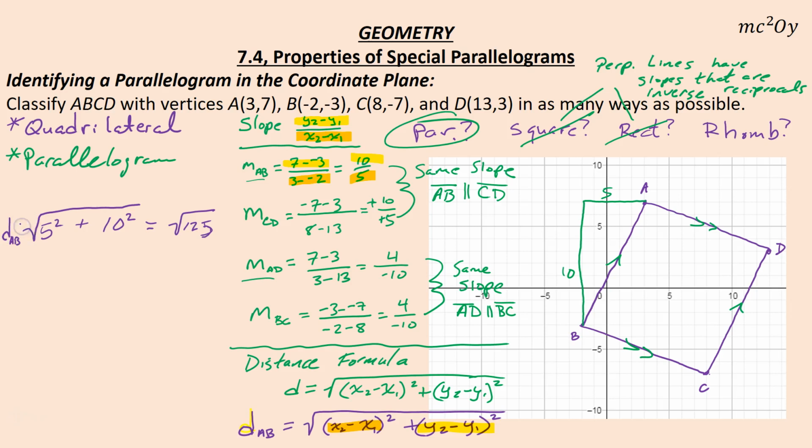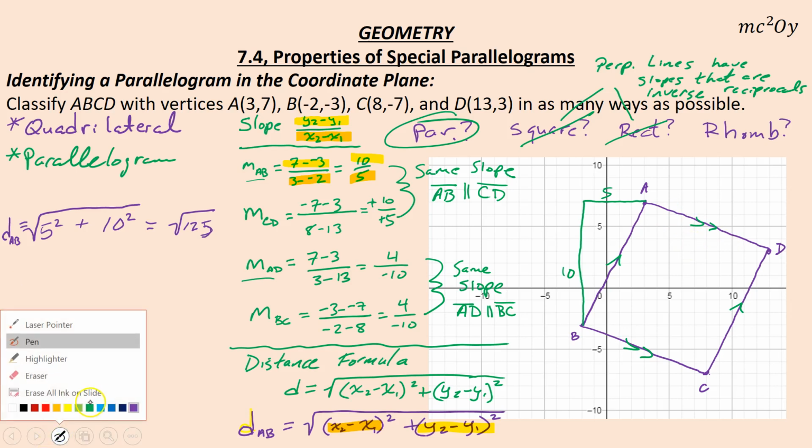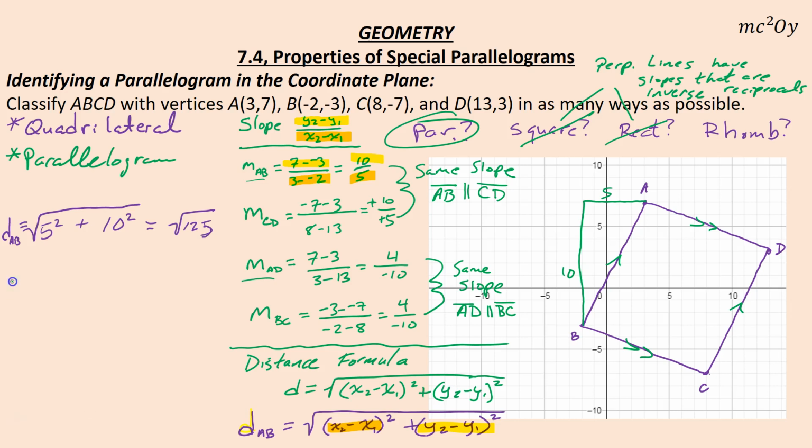Alright, I'm going to do the same thing just really quick. I know that the opposite sides are going to be congruent because it's a parallelogram, but I need to know if AB is congruent to, say, AD. So I'm going to find the distance of AD.